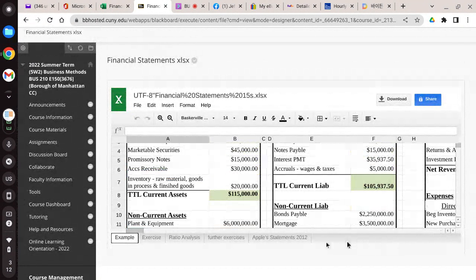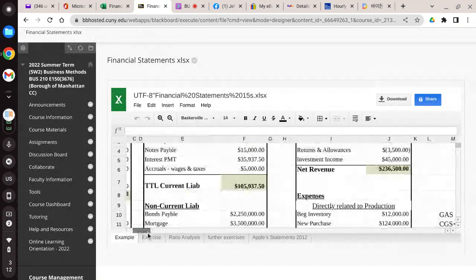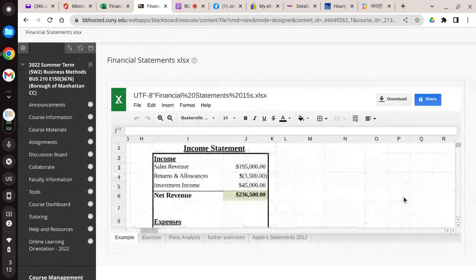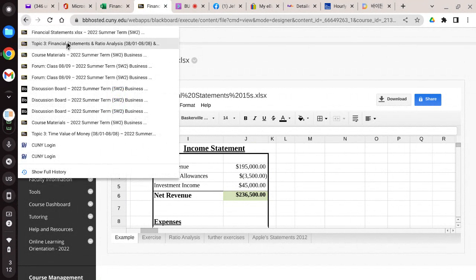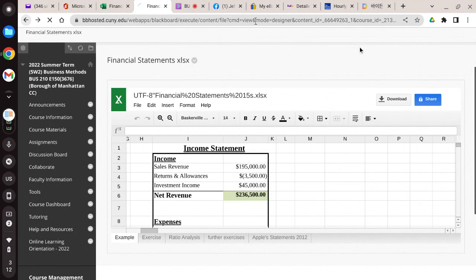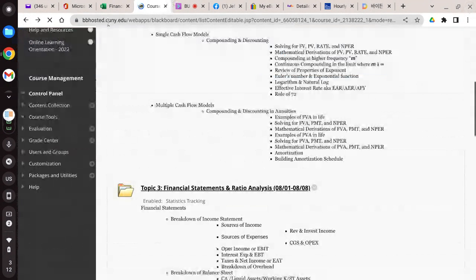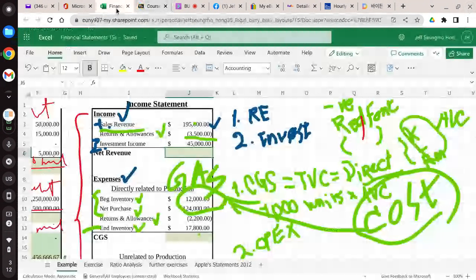Oh, they are filled in. Why? That's weird. Okay, so that's why I told you to clear them. I guess I'm going to have to update it. It shouldn't be filled in like that. Okay, all right.